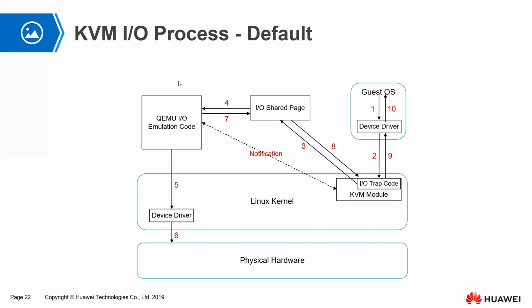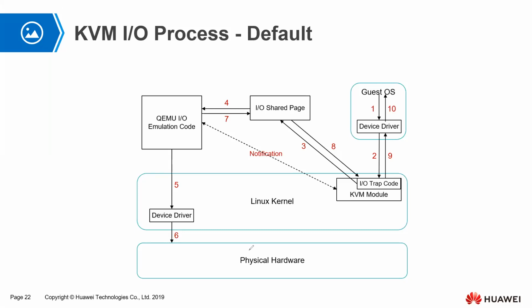So let us look at this before we go for a break. We are looking at the KVM input and output process by default. By default, we have our guest operating system here, and our guest operating system needs to access our physical hardware.